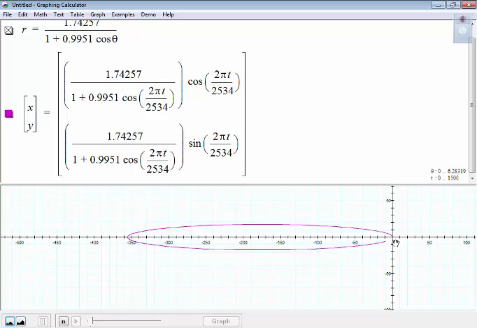Whoa. Add 500 years. So it traveled that much for 500 years. Whoa. And then what if we put 1,200 years?